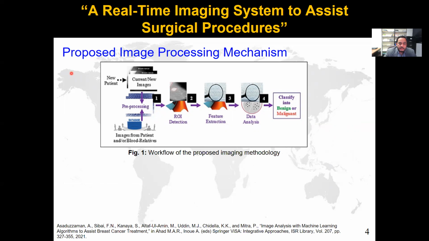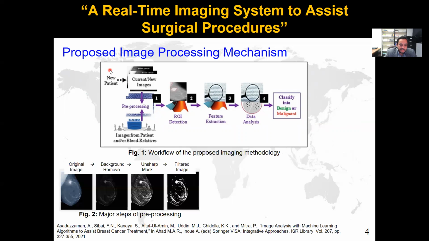I will briefly talk about these four major steps. First is pre-processing, where we start with the original image, then it goes through background removal, then unsharp mask, and then we end up with a filtered image.